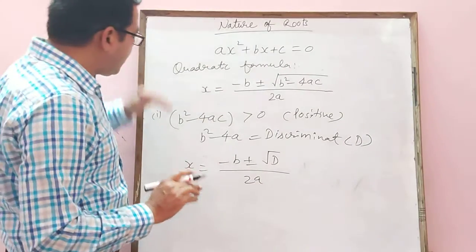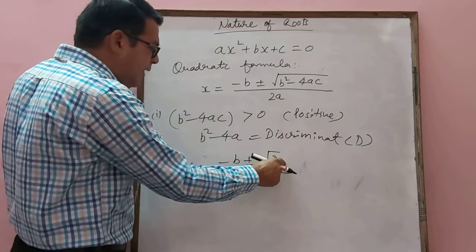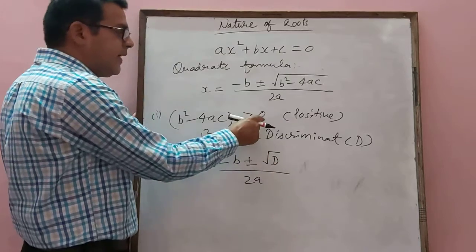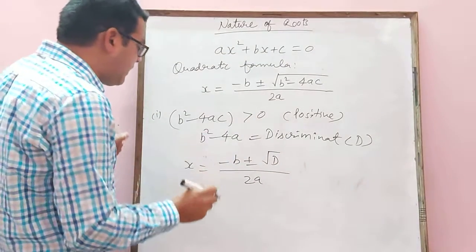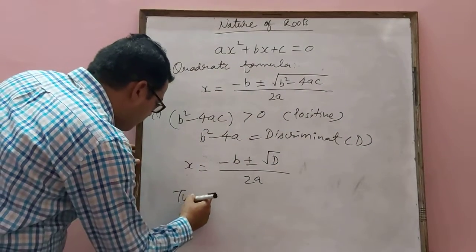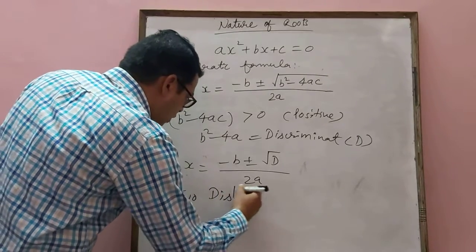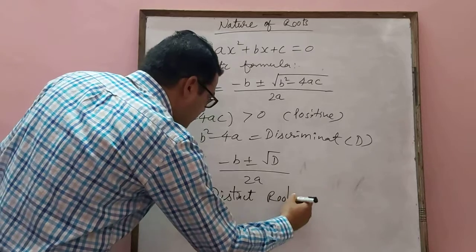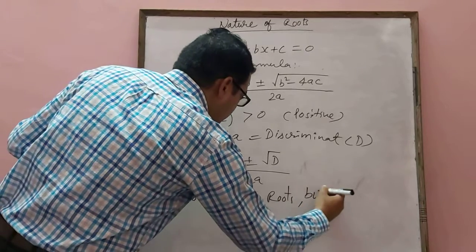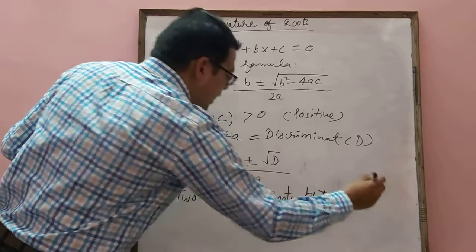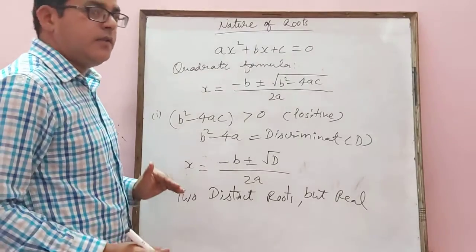So the first case we have discussed here: if the value of D is greater than 0, in that case we will get two distinct roots, or two different roots, but real roots. The numbers will be real, right?